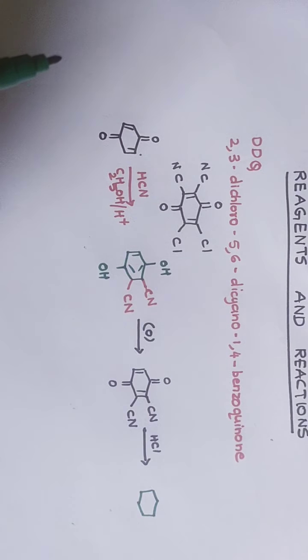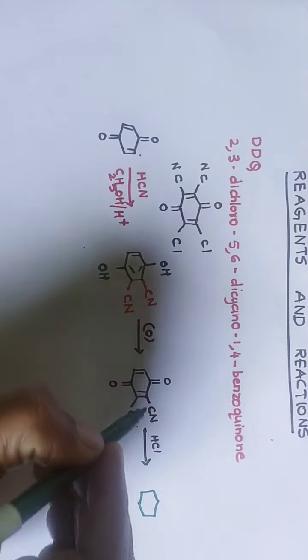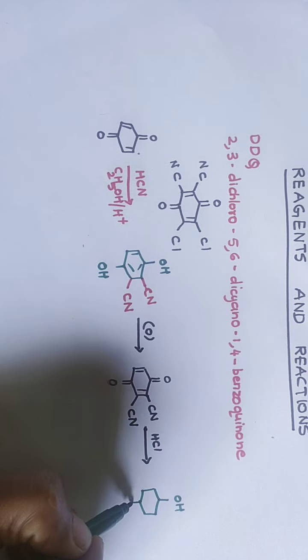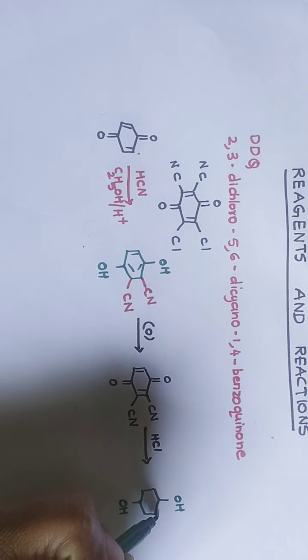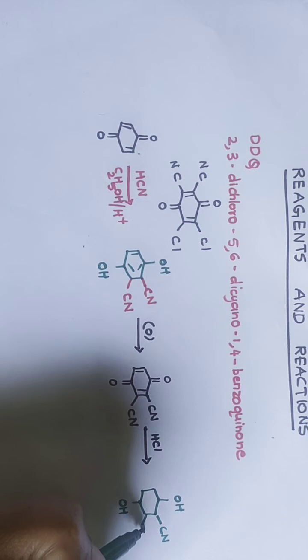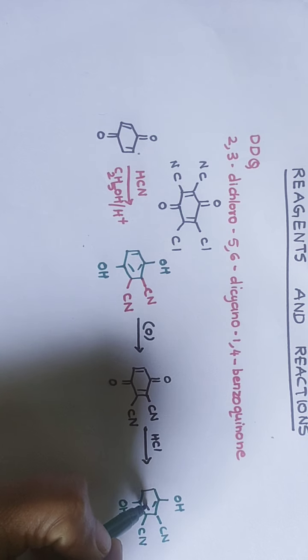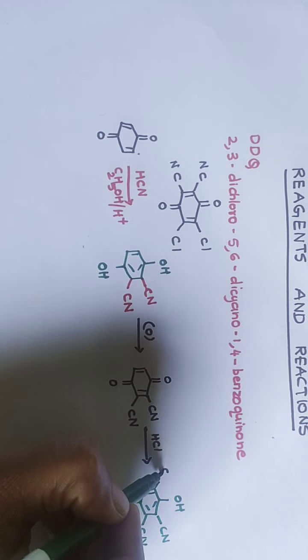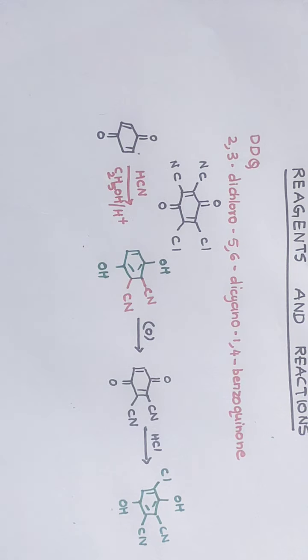Again double bond O gets converted to OH. We have cyanide here, aromatization takes place, and then Cl gets attached here.